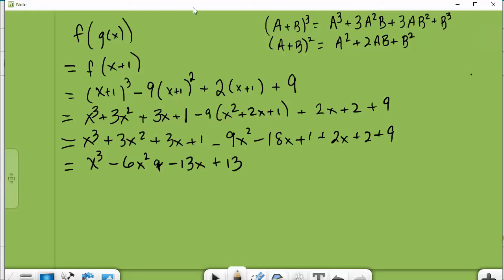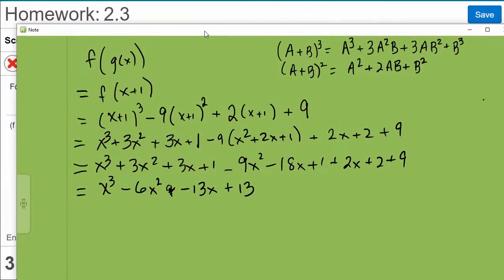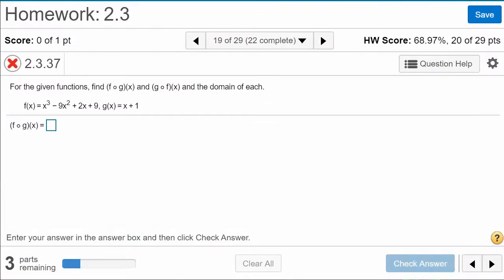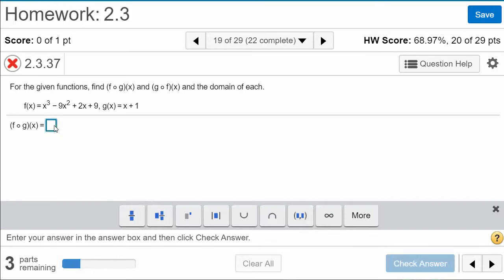And our domain would be all real numbers, because there's nothing that's going to throw that out. So let's see. We get x cubed minus 6x squared minus 13x plus 13.